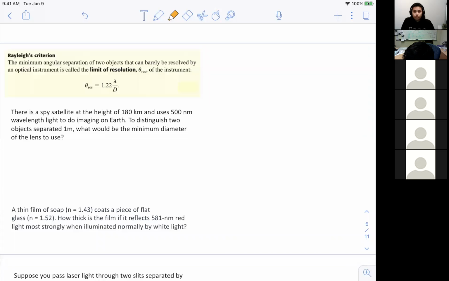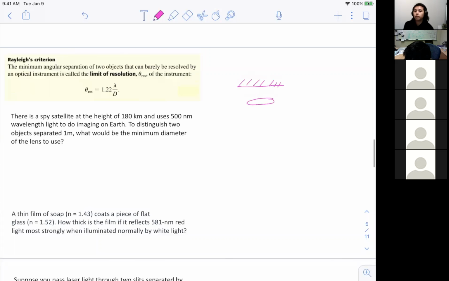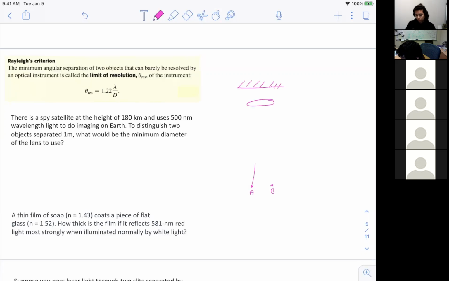When you have a camera up there in the satellite, you're trying to distinguish 2 points, let's say A and B. These are going to form some diffraction, or some circular aperture diffraction.